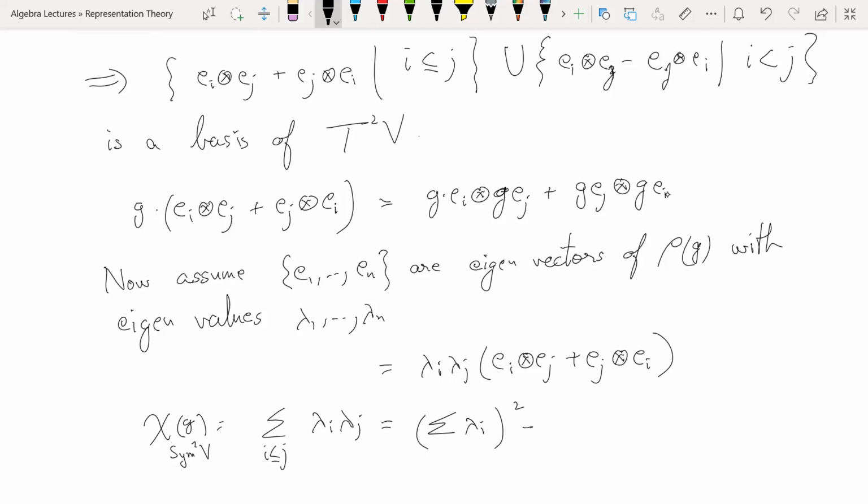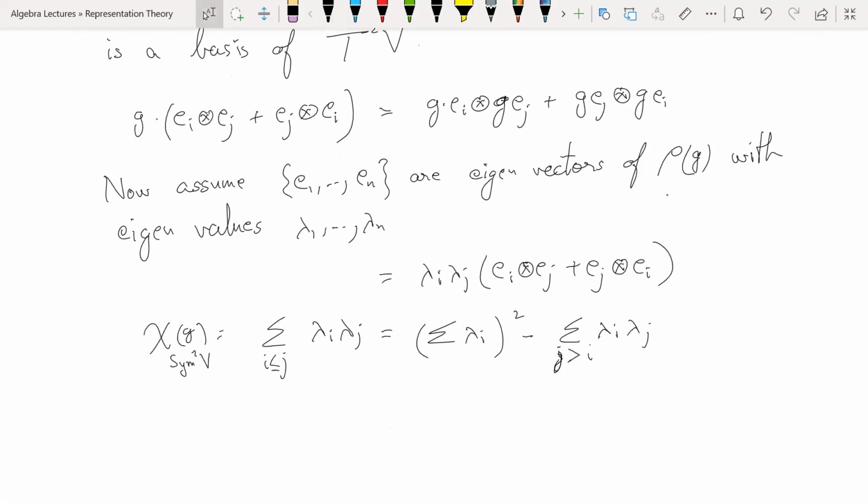So this is minus the summation of lambda I lambda J, J strictly greater than I, because we want those for which I is less than or equal to J. So that is what we get.